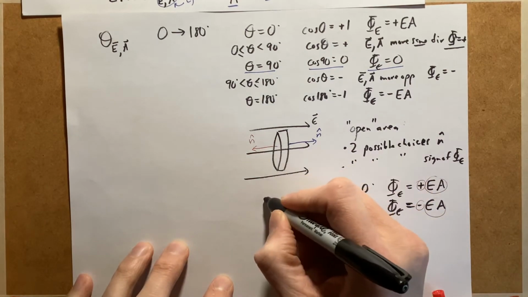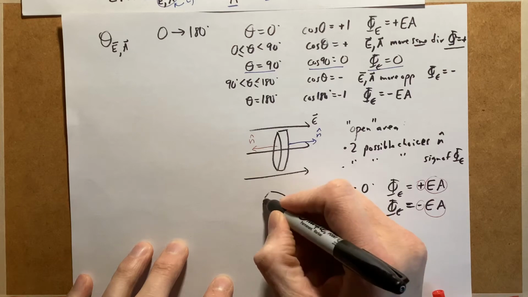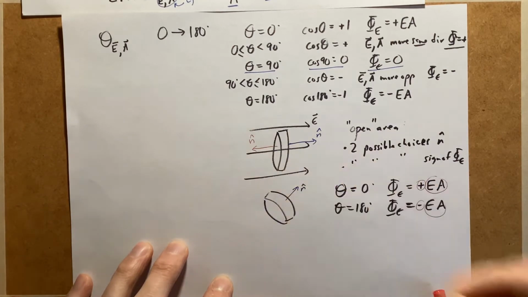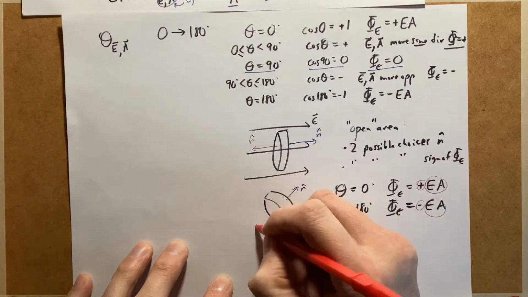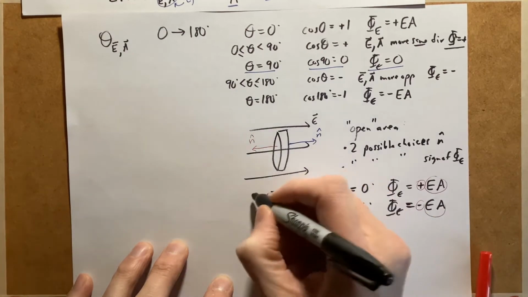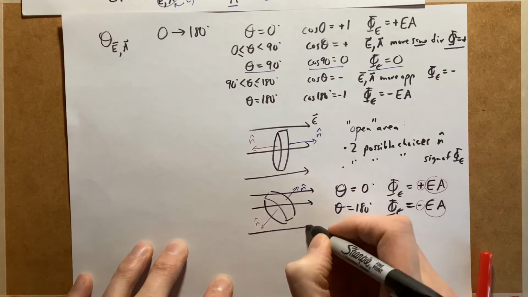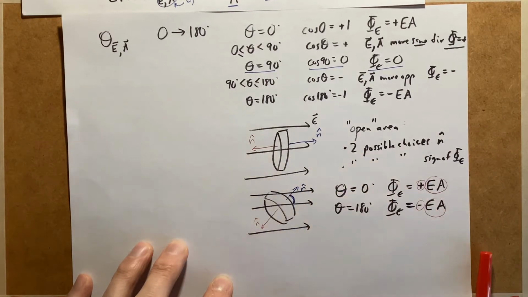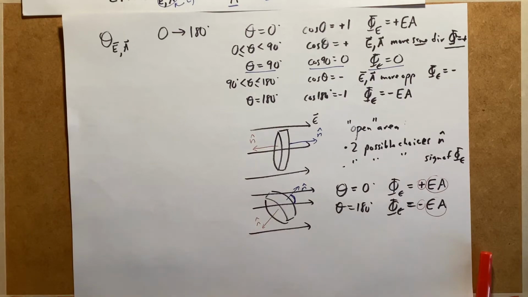Essentially, if you have something that's tilted weirdly like this, then the normal vector out this side goes like this, the normal vector on this side goes like this, and the field goes like this. So this angle right here, that's what I'd use if I were calculating the flux with the blue normal.